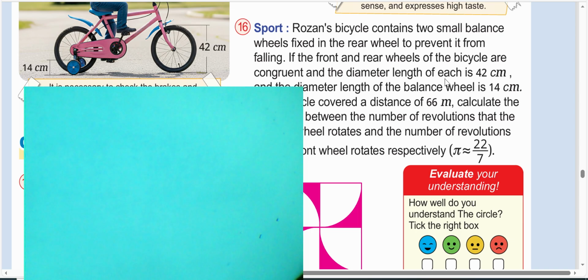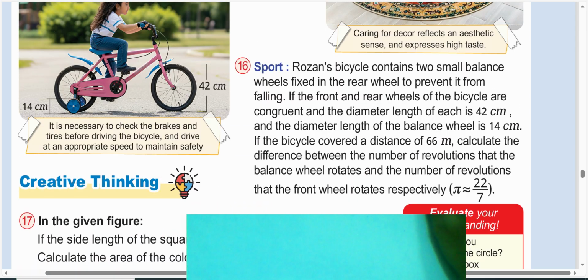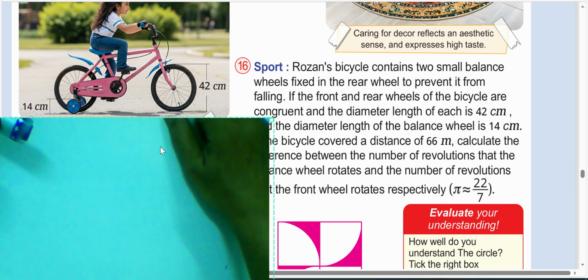Next question. Sport. Razan's bicycle contains two small balance wheels fixed in the rear wheel to prevent it from falling. If the front and rear wheels of the bicycle are congruent, the diameter length of each is 42 centimeters, and the back is 14 centimeters. Find the difference between the number of revolutions that the balance wheel rotates and the number of revolutions that the front wheel rotates respectively, over a distance of 66 meters.